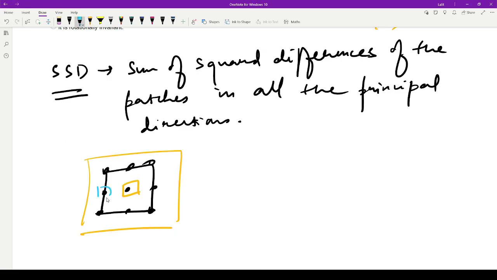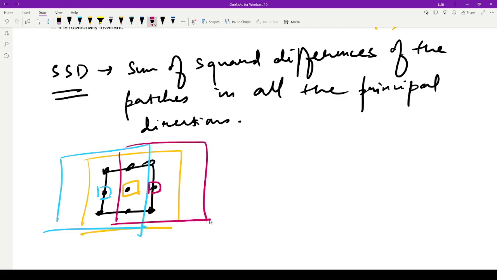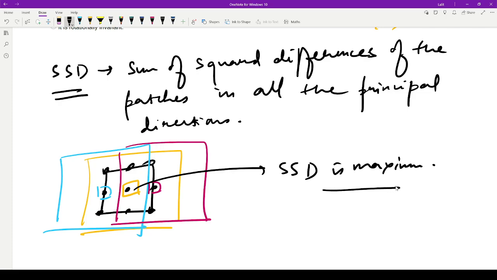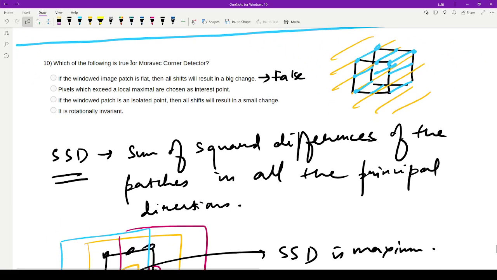The point is wherever you get the SSD maximum. If your SSD is maximum at this pixel location rather than other pixel locations, then you choose that one as a corner, or rather an interest point.